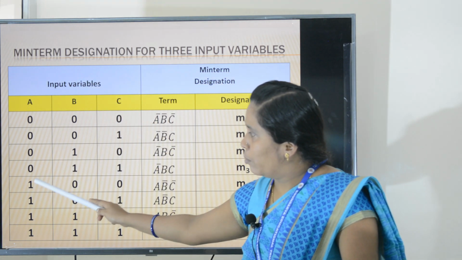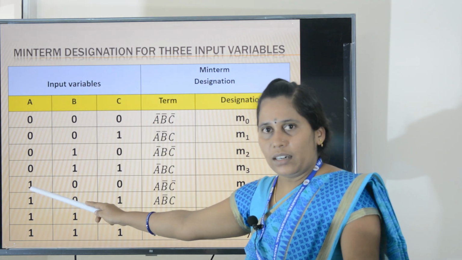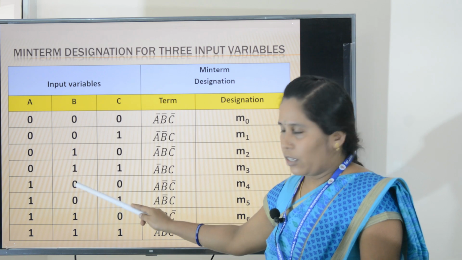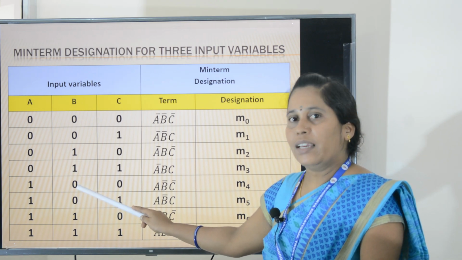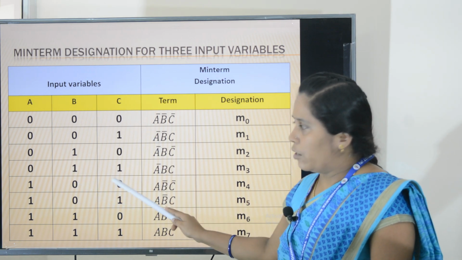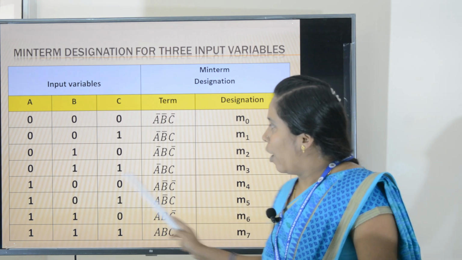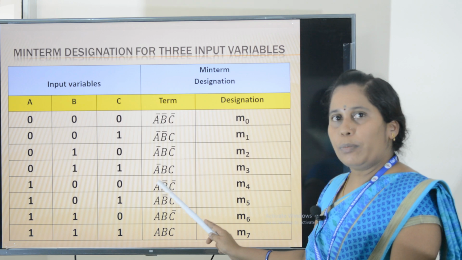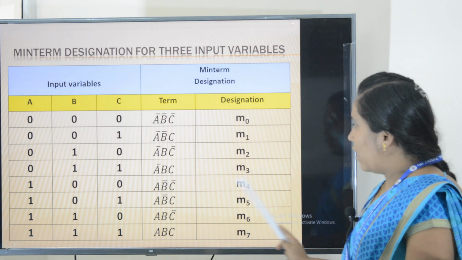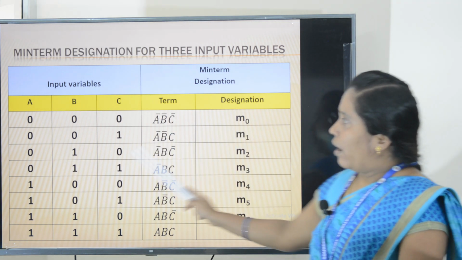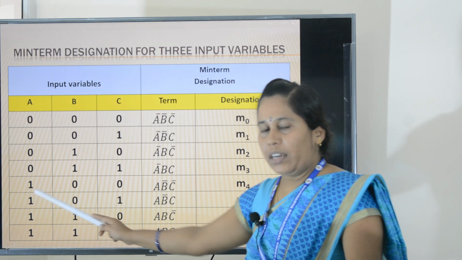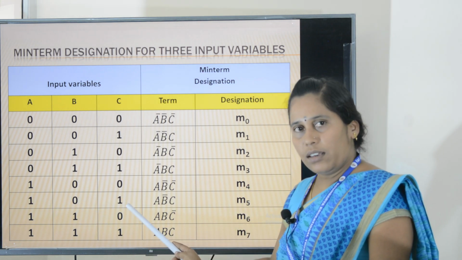The next input is A is 1, that is A only, B is 0, take complement of B, that is B bar, and C also 0, take complement of C, C bar. So the product term is A into B bar into C bar, that is nothing but M4. And next one is A is 1, B is 0 and C is 1.